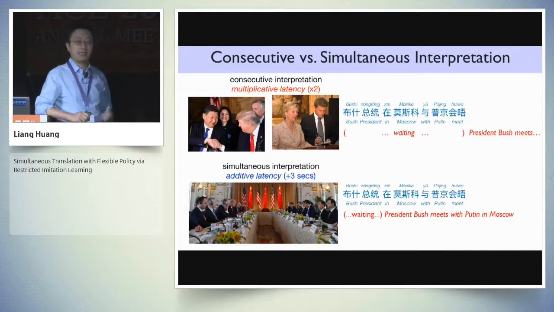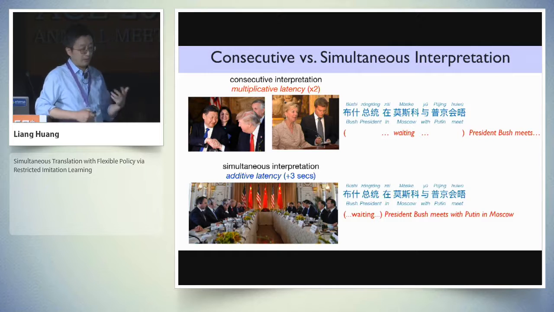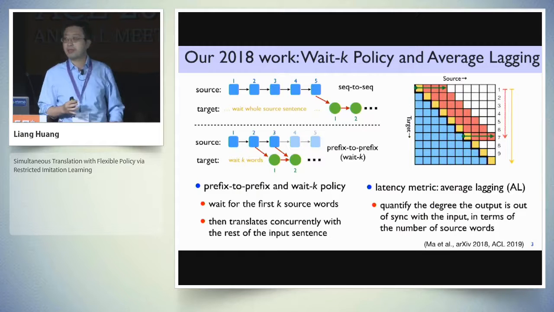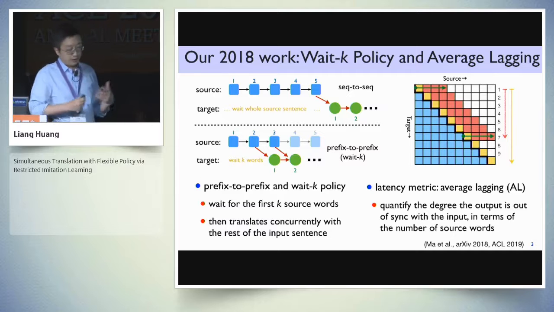For those of you who attended my invited talk, I can probably skip this slide. It basically says that simultaneous translation has much lower additive latency instead of the multiplicative, like 2x latency, as in consecutive interpretation. What I presented in my invited talk was mainly about this wait-k policy, which is an instance of the prefix-to-prefix framework, and the average lagging metric for measuring latency.